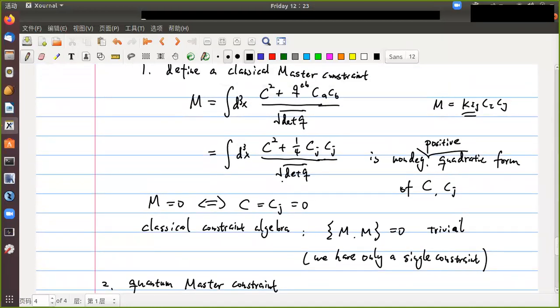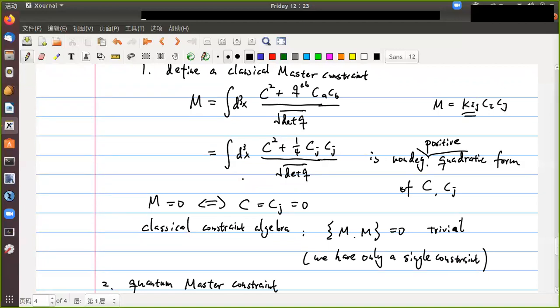The reason you have a square root of Q is because the Hamiltonian constraint and diffeomorphism constraint are densities of weight 1. So squared, you get density weight 2. But with density weight 2, you have to divide by a square root of Q to get a quantity of density weight 1. And density weight 1, if you integrate over 3-space, is a diffeomorphism invariant quantity.